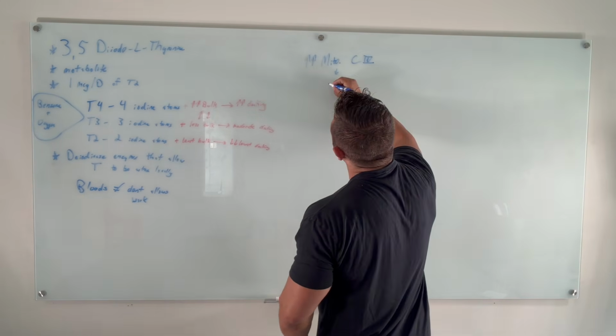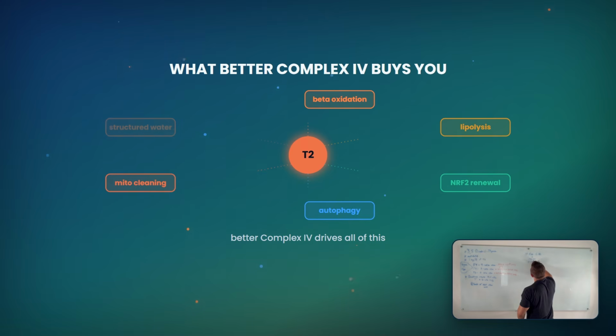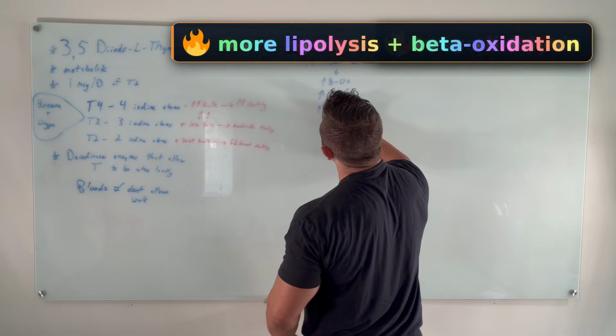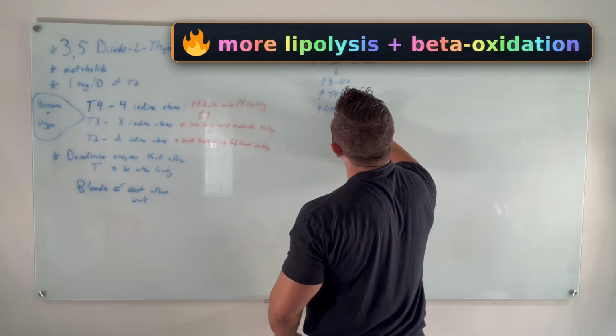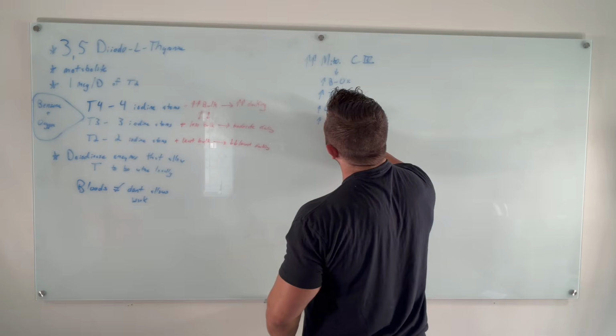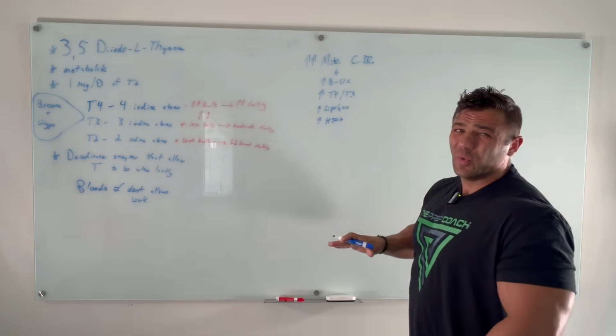That means we are directly going to increase beta oxidation. We're going to potentiate our endogenous or exogenous T4 and T3 actions. That means we are going to increase lipolysis.